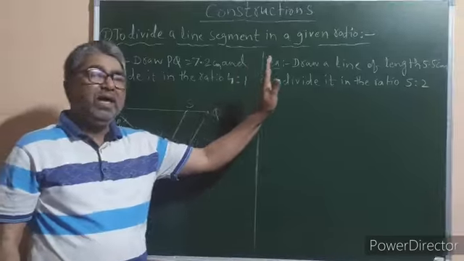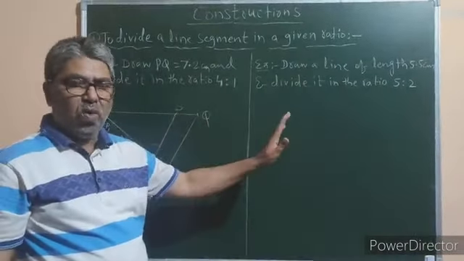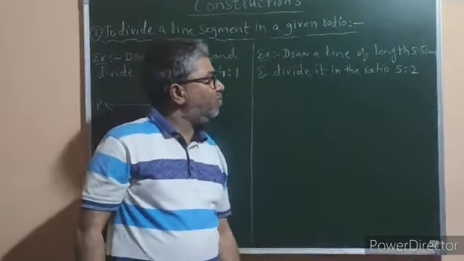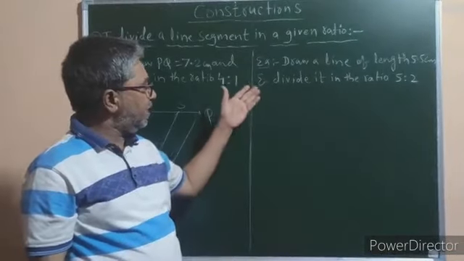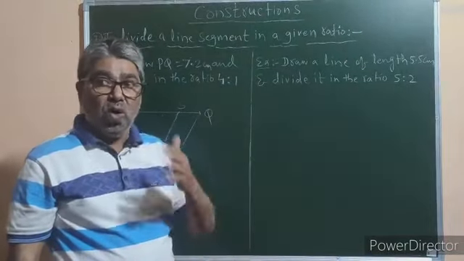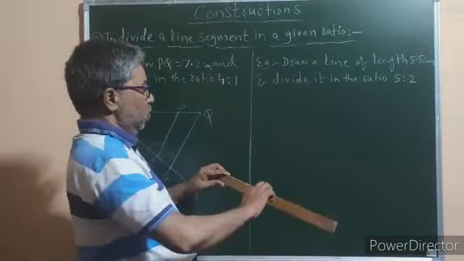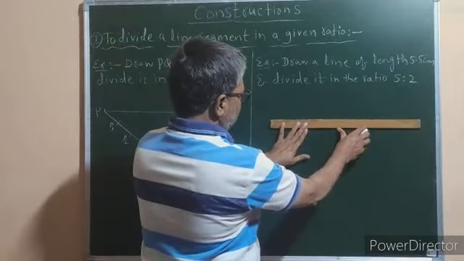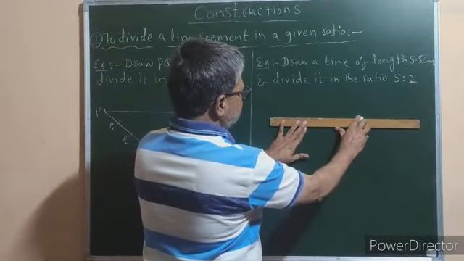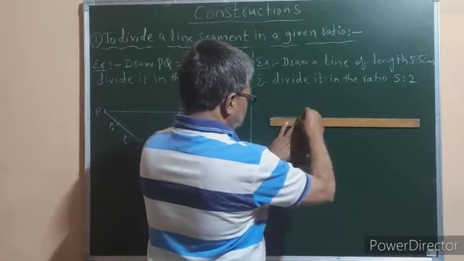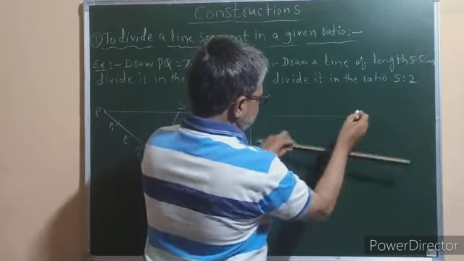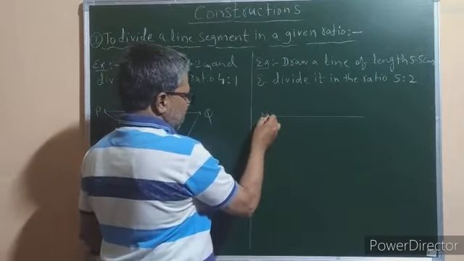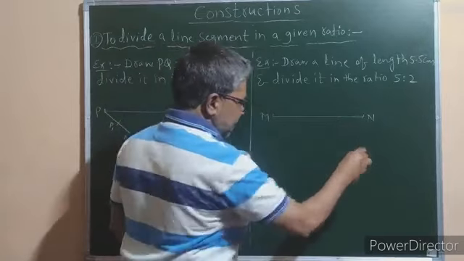So in the same way, let us go for one more example. Draw a line of length 5.5 centimeter and divide it in the ratio 5:2. So first of all, you have to draw a line segment measuring 5.5 with the help of scale. You name this line segment as MN.